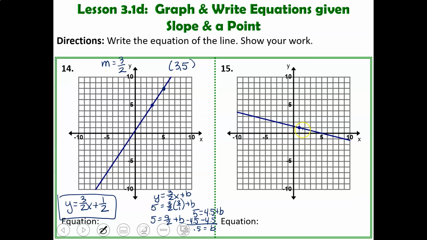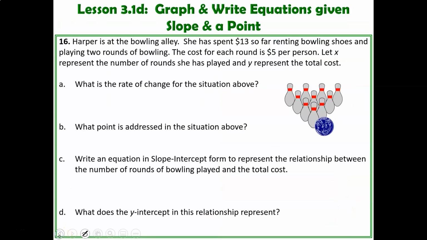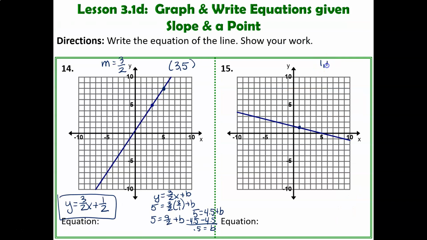All right, the next one. Let's see what we're given. We're given this point, (1, 1). Okay, now we need to find the slope. So I have down 1 over 1, 2, 3, 4. So my slope is negative 1/4. Hopefully you have enough room. Let's plug this in. So I have y equals negative 1/4 x plus b. So I'm going to plug those things in.